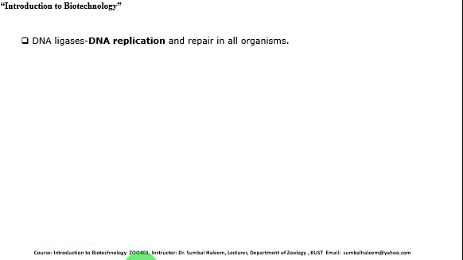Before going through the further detail and the enzymatic activity of the ligase enzyme, let us discuss the importance of the DNA ligases in the process of DNA replication. Dear students, as you all know, DNA is a double helical structure, and that double helix is always anti-parallel in orientation.